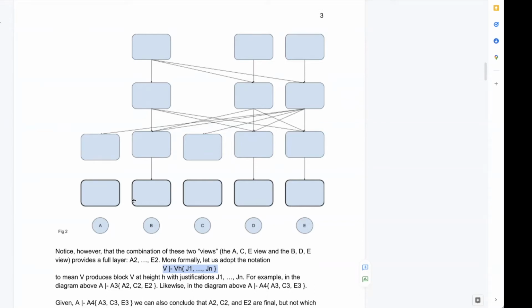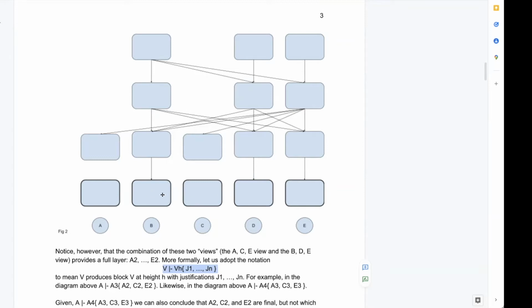Using that idea, we can define a notion of height for a given block for a given validator. So in particular, to make something simple, I will call this height 0. When a block gets finalized, then we've got kind of a sliding window, right?